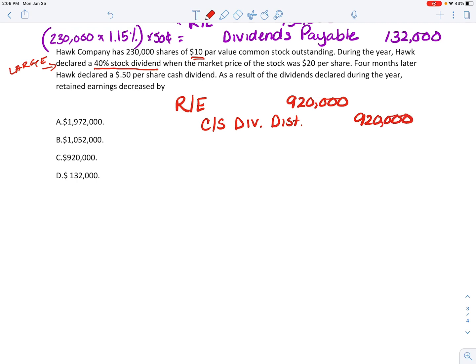I can get that because I'm going to take those 230 shares. I'm going to issue that 40% dividend, but remember, this is recorded at par value, so that's $10 per share, which should come to $920,000.